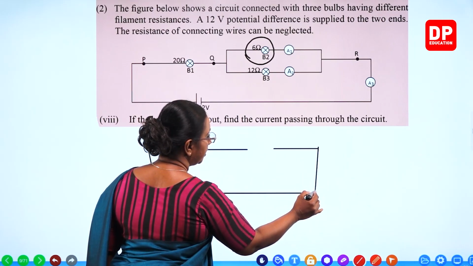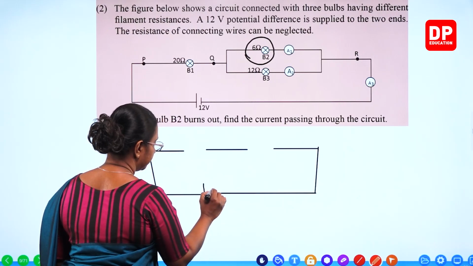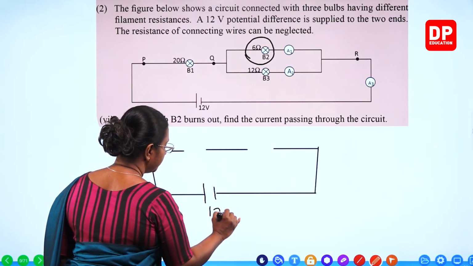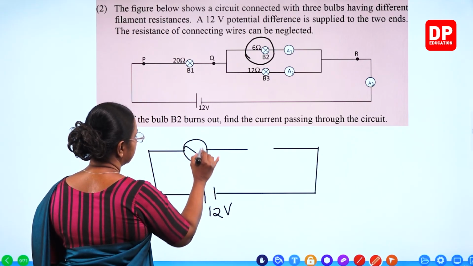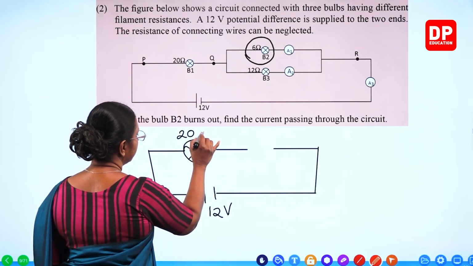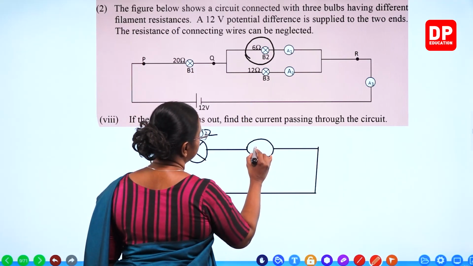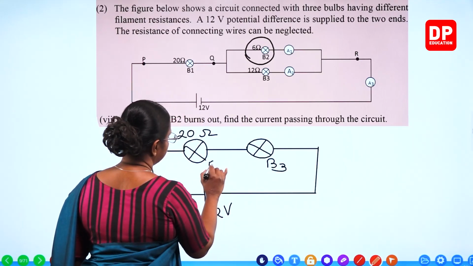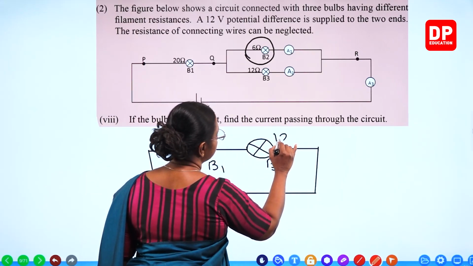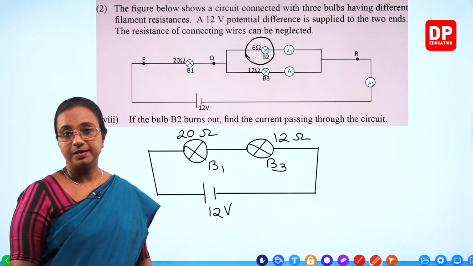I'm not including all the components, just for you all to understand. 12 volt. We have the 20 ohms, and you will have B3, B1, this is 12 ohm. So now what has happened?